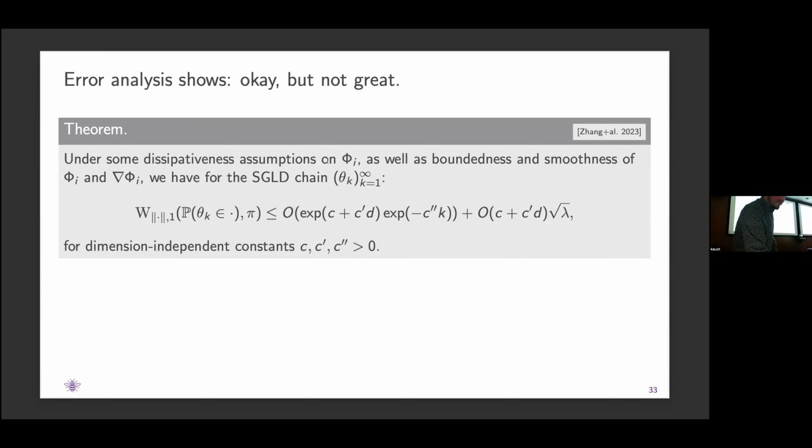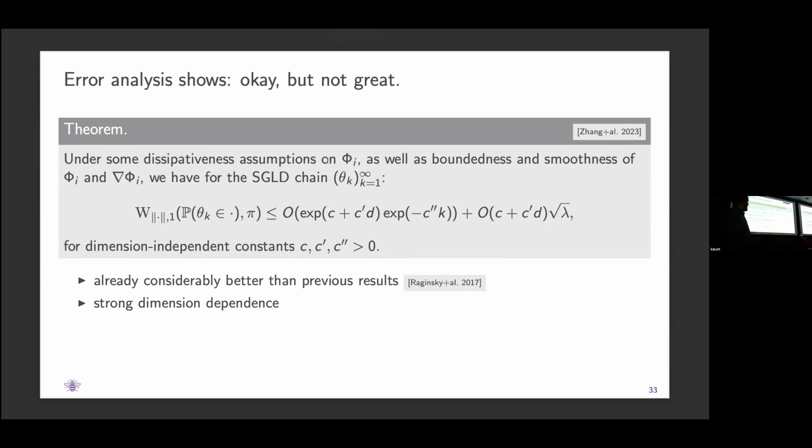So here it does converge, but what we see is we have a very strong dependence on the dimension of the problem. So here it's exponential in the dimension. So this is the ergodicity bit, that goes down as k goes to infinity, k being the time step. And I have this bias that is introduced by the subsampling over here.